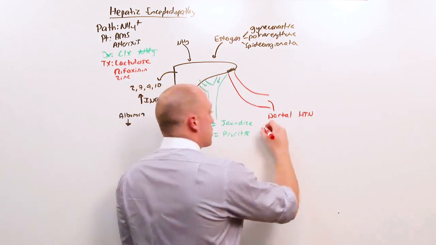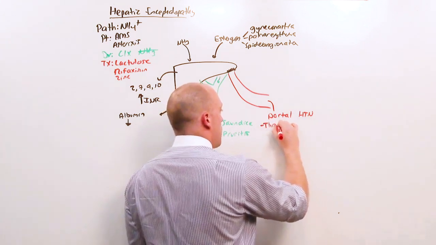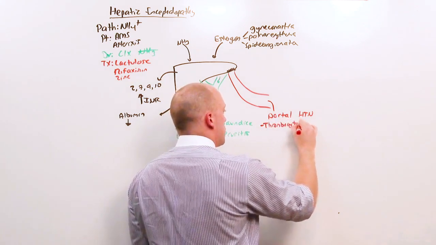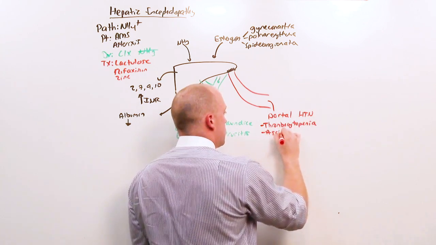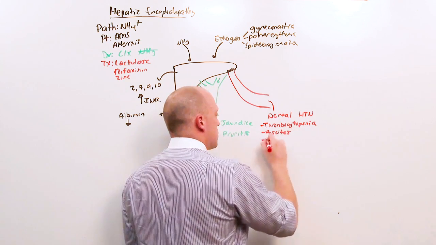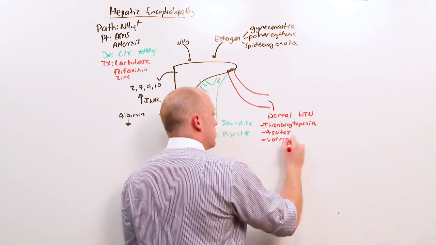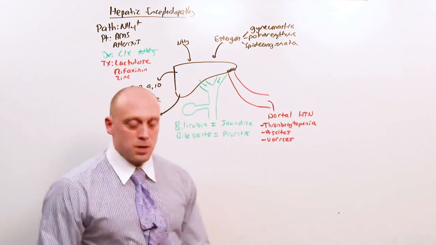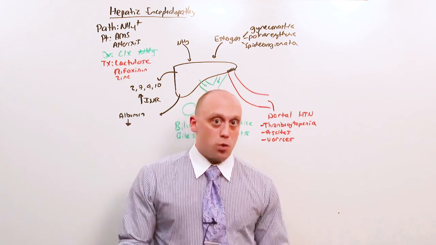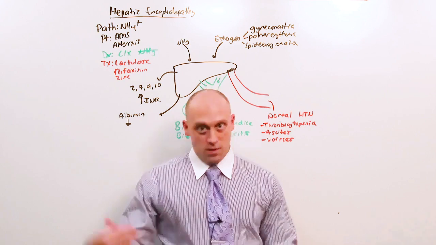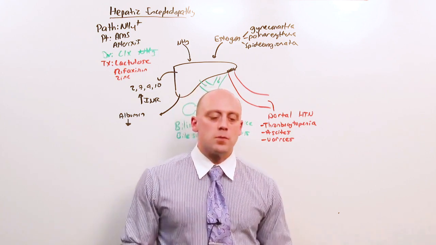Portal hypertension is going to cause thrombocytopenia from splenic sequestration. It's going to cause ascites, and it can potentially lead to varices, that is, portocaval shunts. If you can imagine, in embryology, you have these connections between the portal system, the gut, and the caval system, the vena cava, the systemic system.